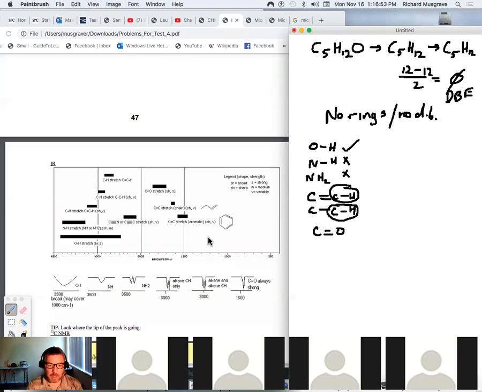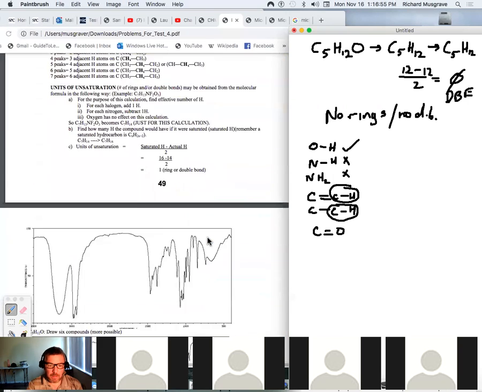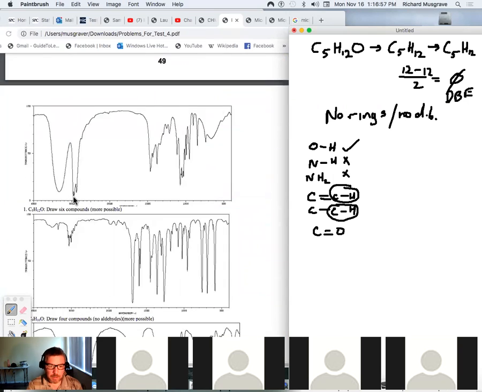Then I look at the 3000 region, and you can see that it doesn't straddle 3000, which tells me that it has alkane, but not alkene. Take a look at the one below. Do you see how that peak kind of straddles 3000?